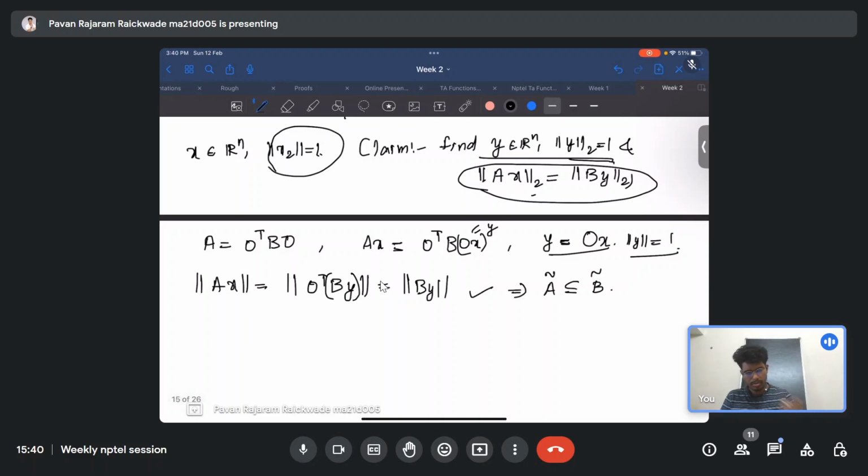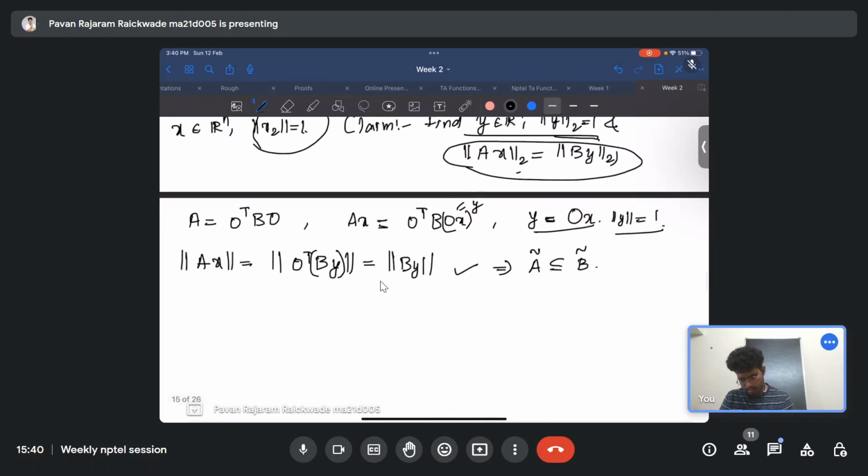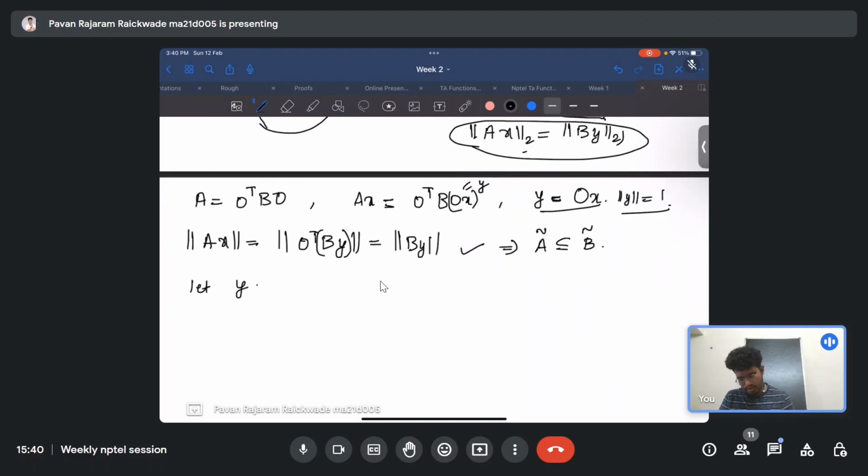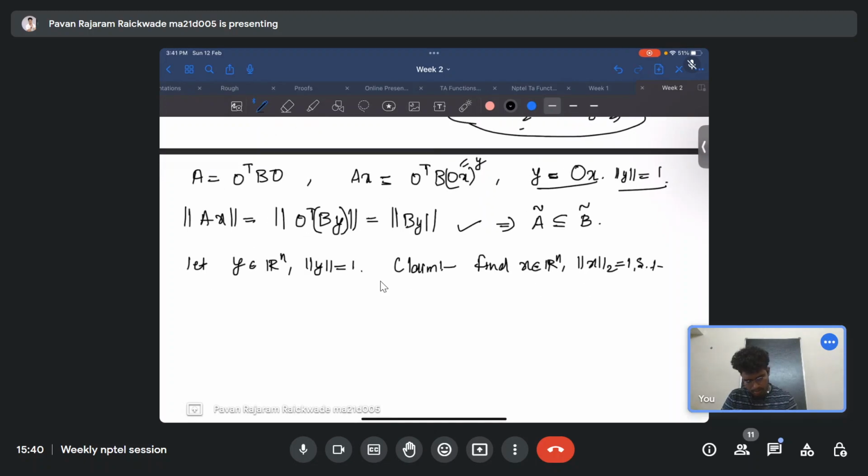Now for the reverse, what do we have to do? Suppose y belongs to Rn with norm y equal to 1. The claim is to find x belonging to Rn with norm x2 equal to 1 such that norm of Ax is the same as norm of By.